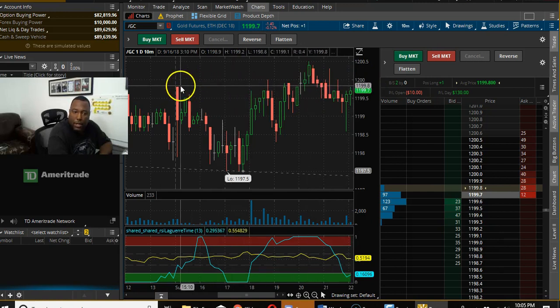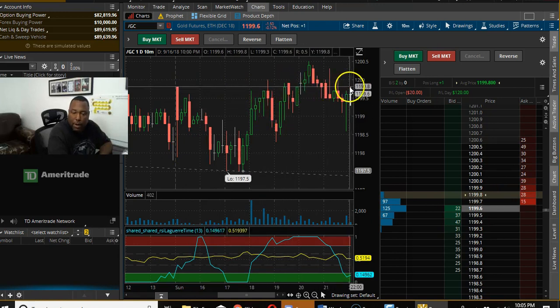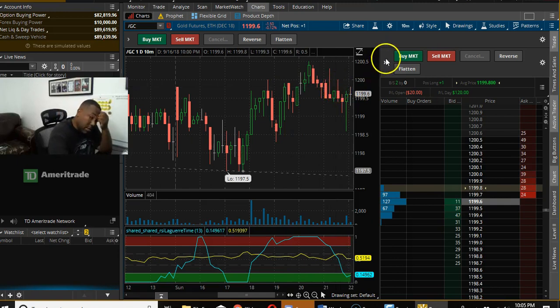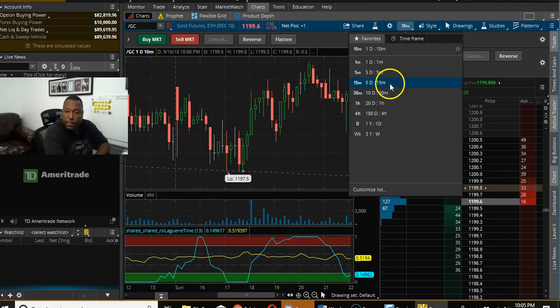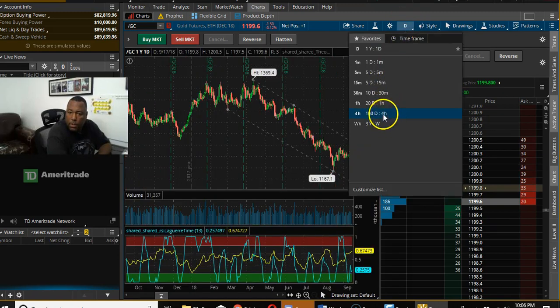So this trend line, you can see right here, it had a big sell down here. And it finds resistance right around where I bought. Just looking at the chart right away. So 1 day. So here's the, where's the 1 day? There.